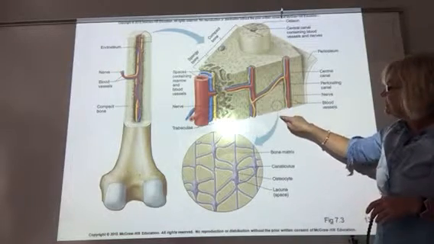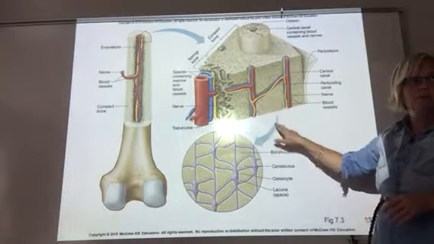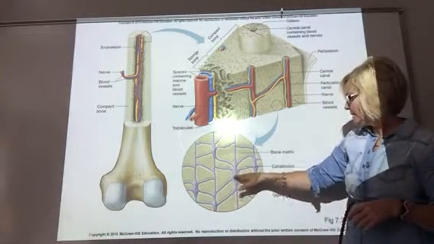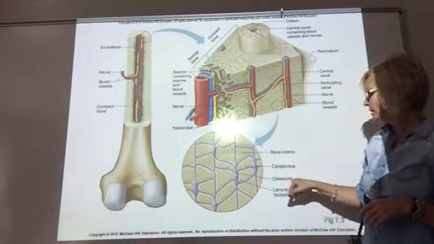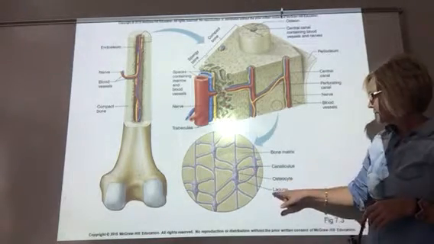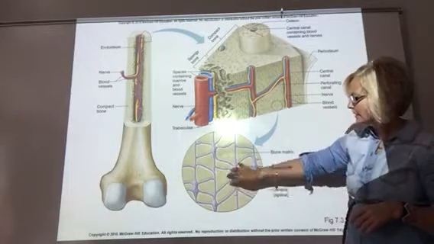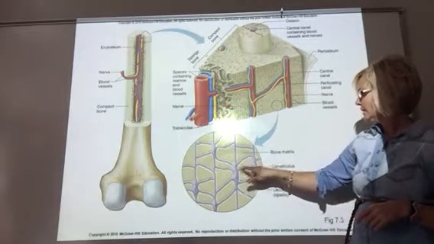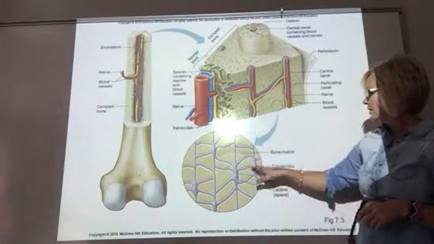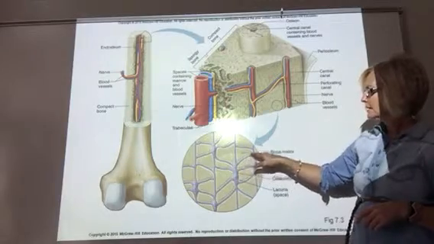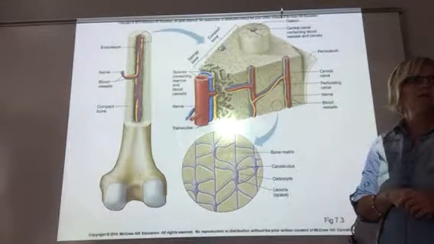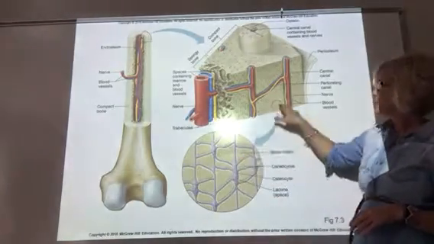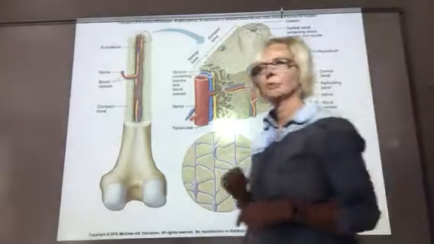If I look even further, so this would be microscopic, this would be a bone cell, so that would be an osteocyte. The lacuna is the space that surrounds my bone cells. And then these little itty bitty canaliculi are the little canals that carry gas and nutrients within the bone cells. So this is extremely microscopic, taken out of this diagram up here.